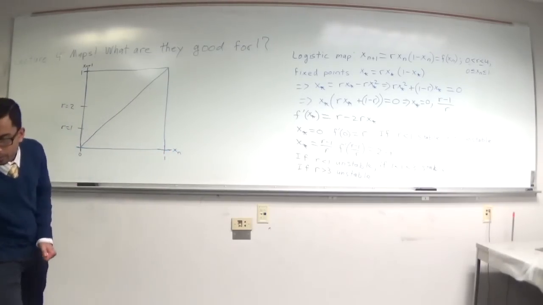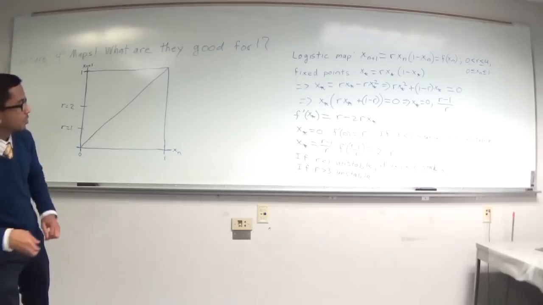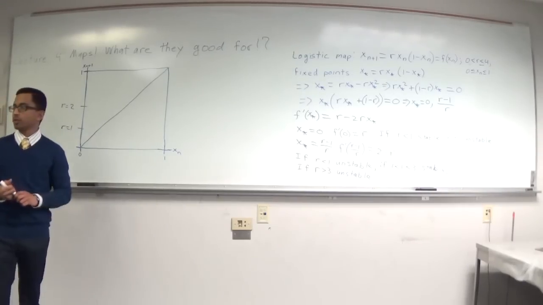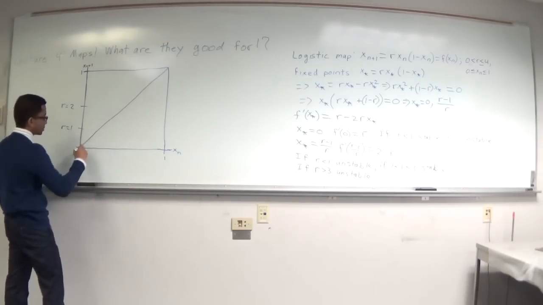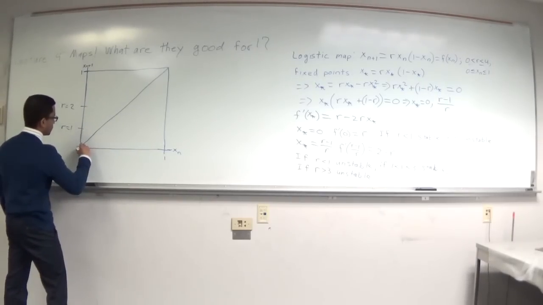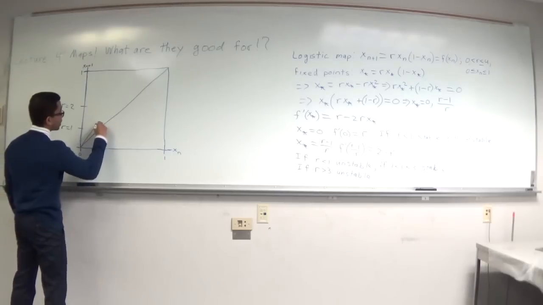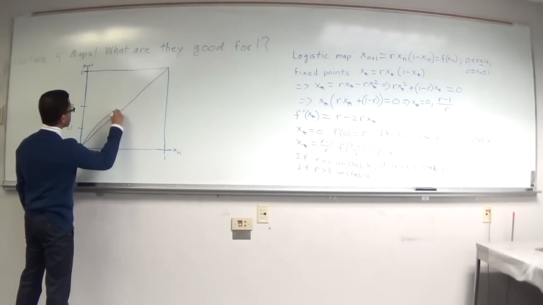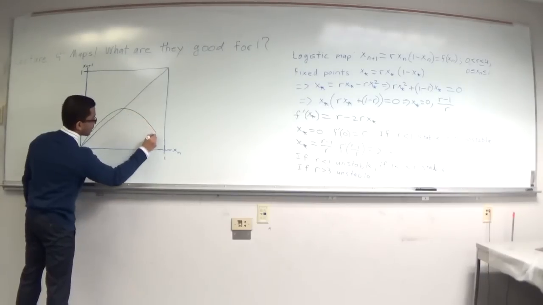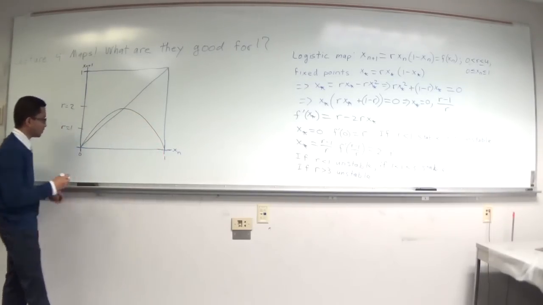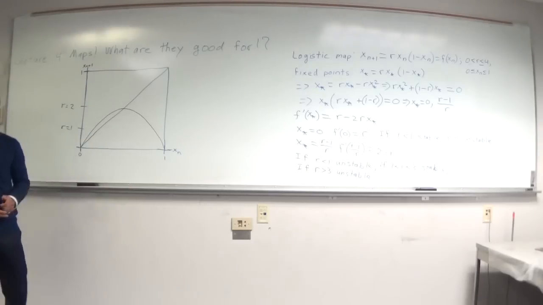Let's say we have r between 1 and 3. That means, say, r equals 2. So it's going to go over the line y equals x. Then we have two fixed points within this region.